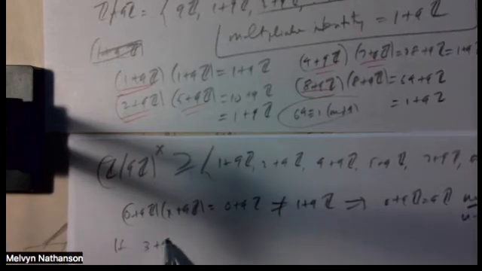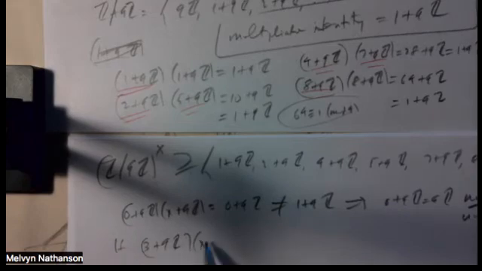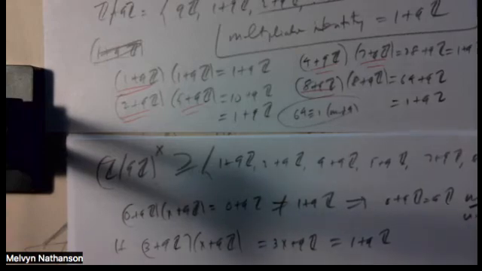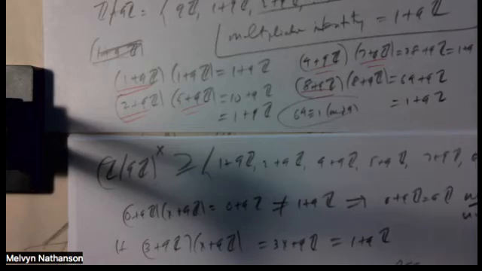If you had 3 plus 9Z times x plus 9Z, which is 3x plus 9Z, if you could find an x such that this was 1 plus 9Z, that would be true if and only if you could solve the congruence 3x congruent to 1 mod 9. But this is impossible.